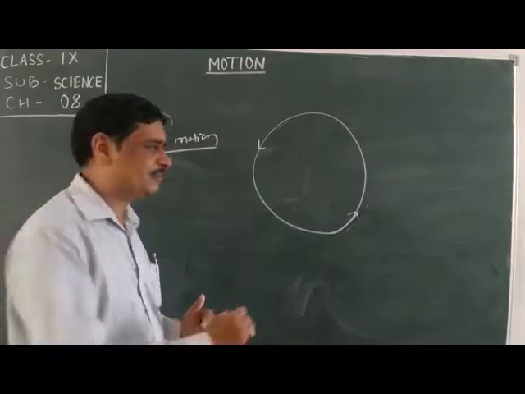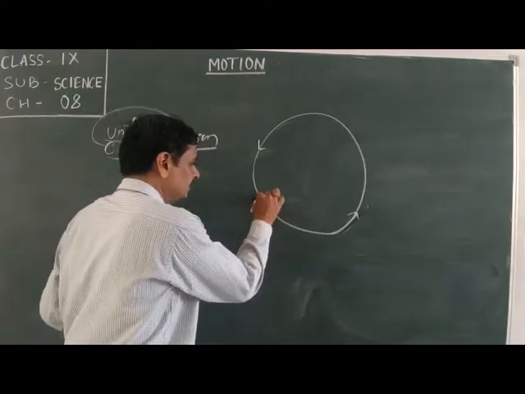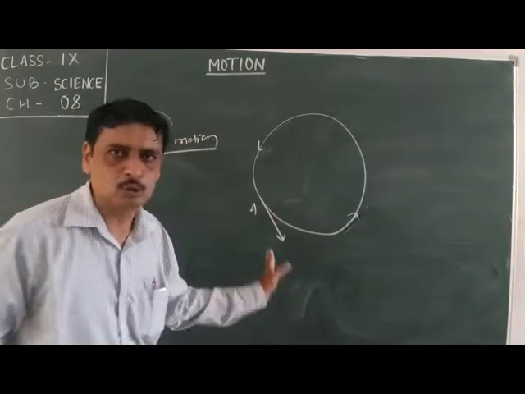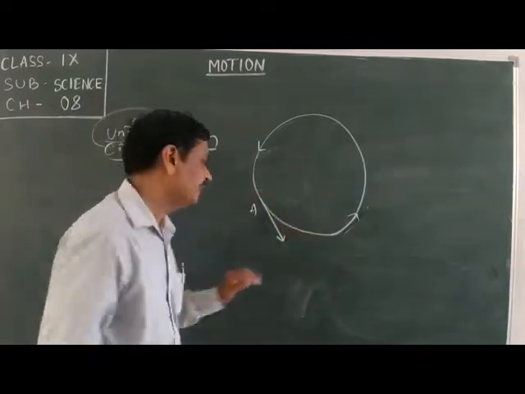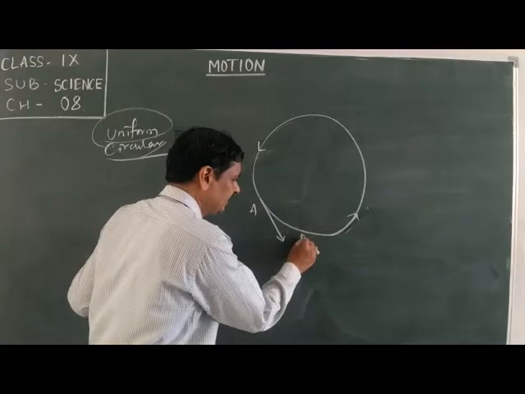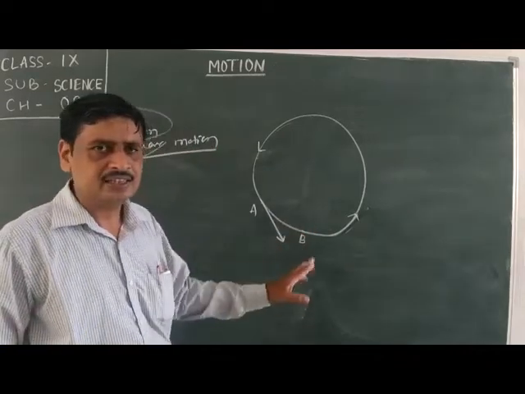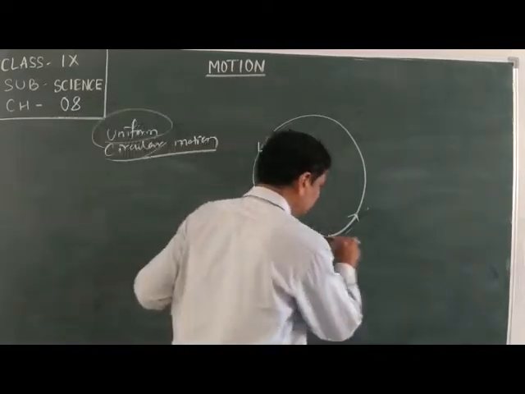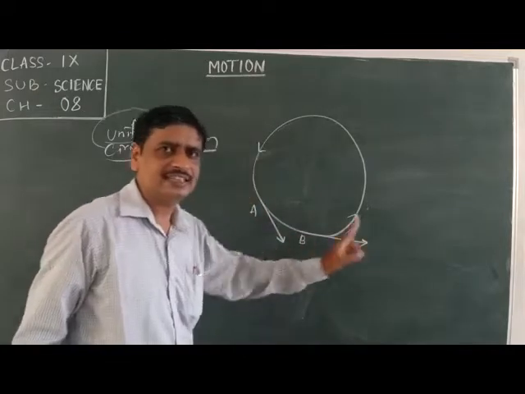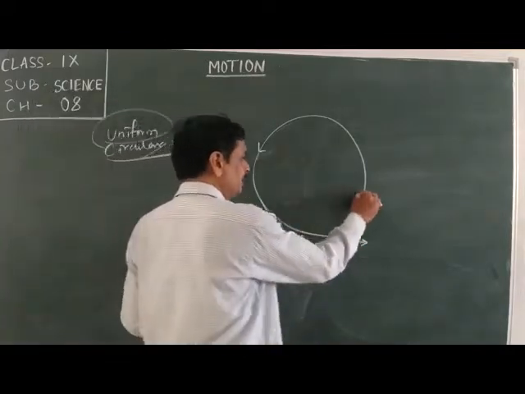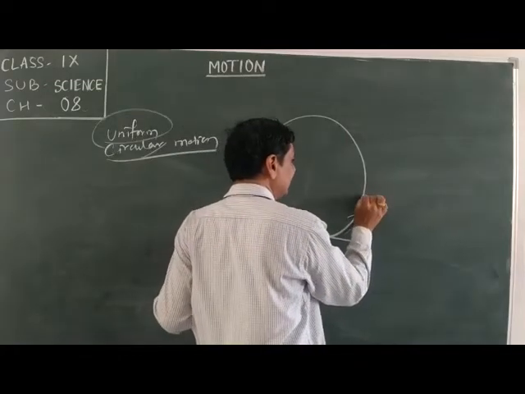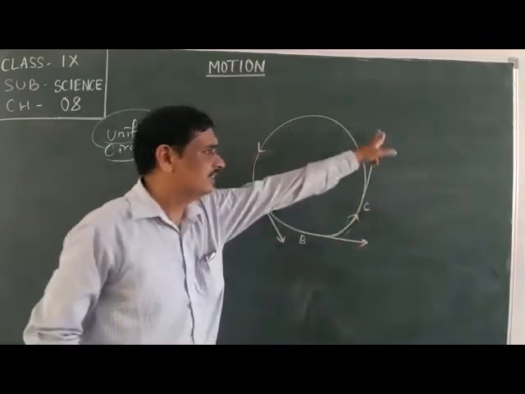If it is observed at point A, the direction of its velocity is the tangent at that point. At point B, the direction of velocity is the direction of this tangent. At point C, the direction of velocity is this one.